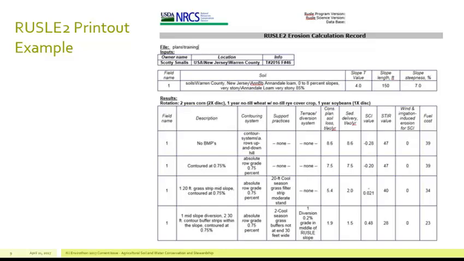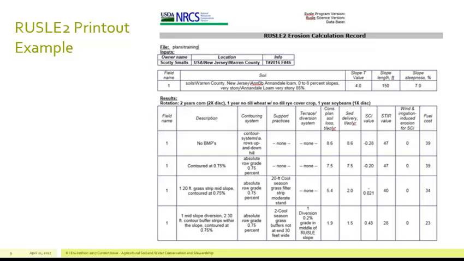The third chart that you'll see includes the field name, the description, and then the chart continues to show if you have any contouring systems added, if you have any support practices, if you have any terraces or diversions.